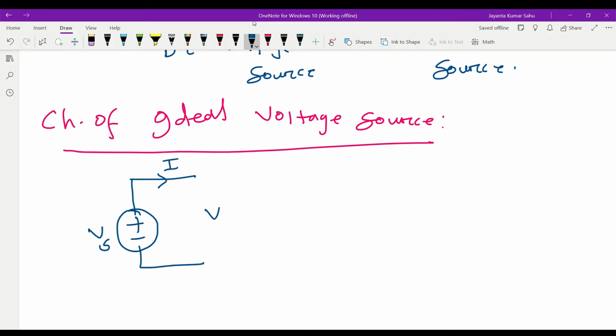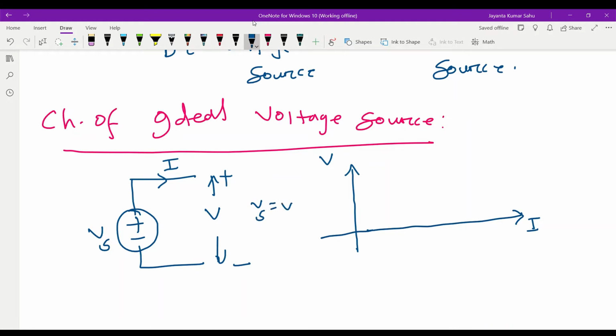If we connect a load, then we have the voltage V. If we draw the IV characteristic, with current on the x axis and voltage on the y axis, then Vs is equal to V. That means if we change the value of current, the voltage value does not change. Since it is an independent source, we write this as Vs.